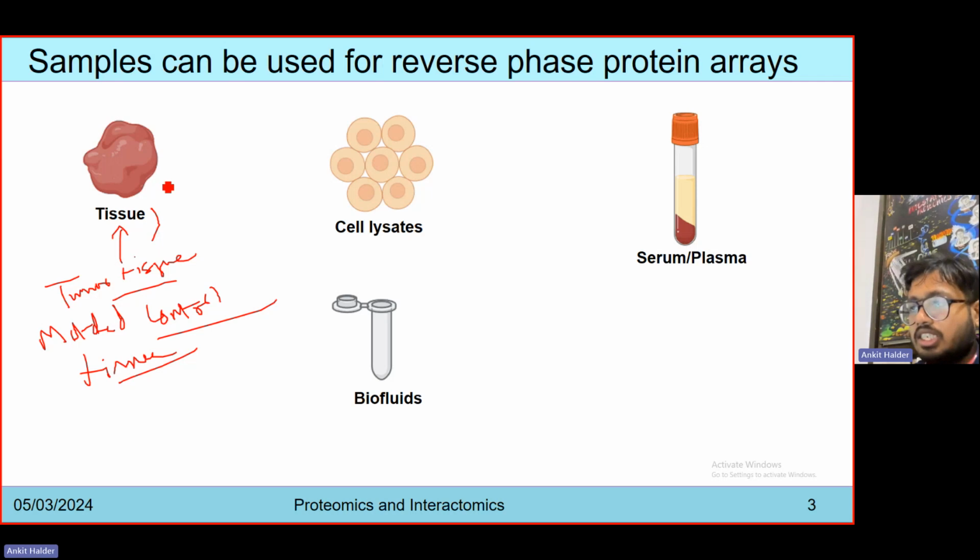You can prepare lysate, so you are just extracting the proteins out.